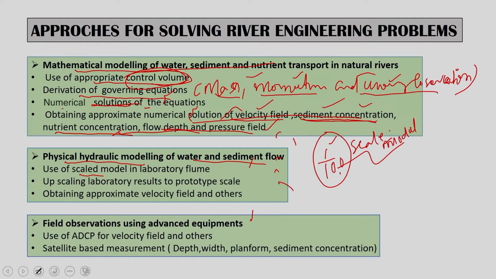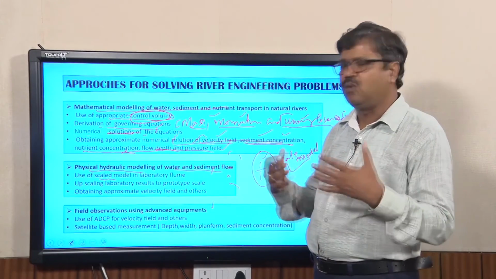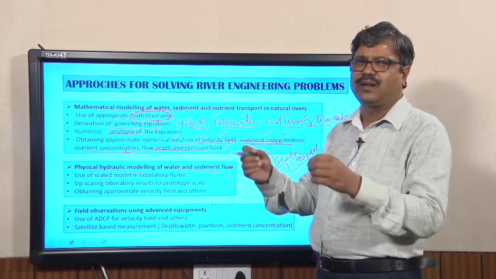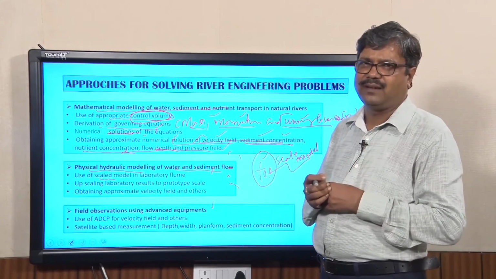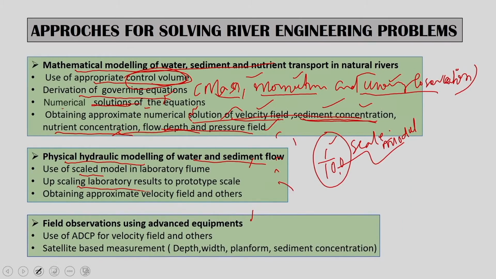You conduct the sediment transport and water flow, then you measure the velocities, water depth and sediment transport. Once you measure that, you can upscale from your scale model to the prototype at the river scale. You can use similarity, non-dimensional numbers, to upscale this data.